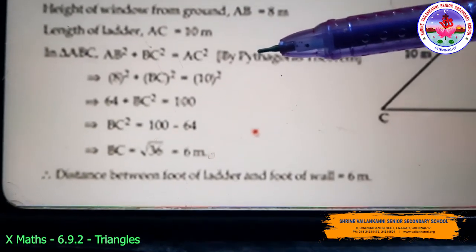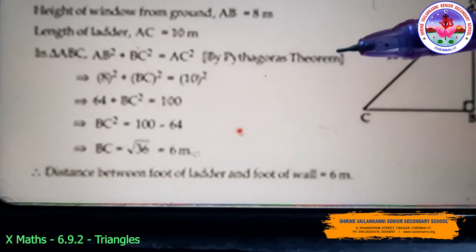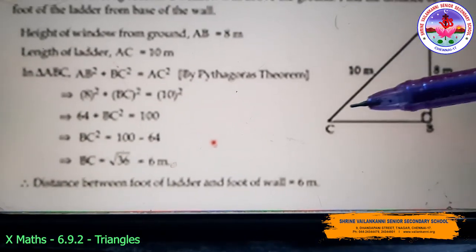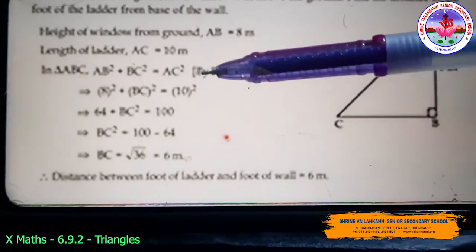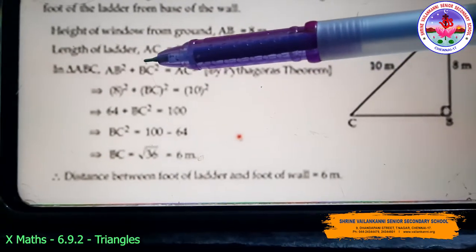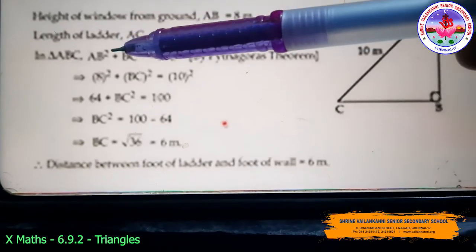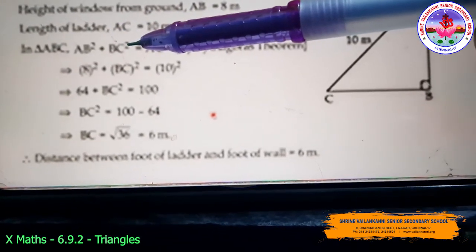So we are going to use the Pythagoras theorem in the right angle triangle ABC, where AC is the hypotenuse. So coming here, by using Pythagoras theorem, AC square is equal to AB square plus BC square.